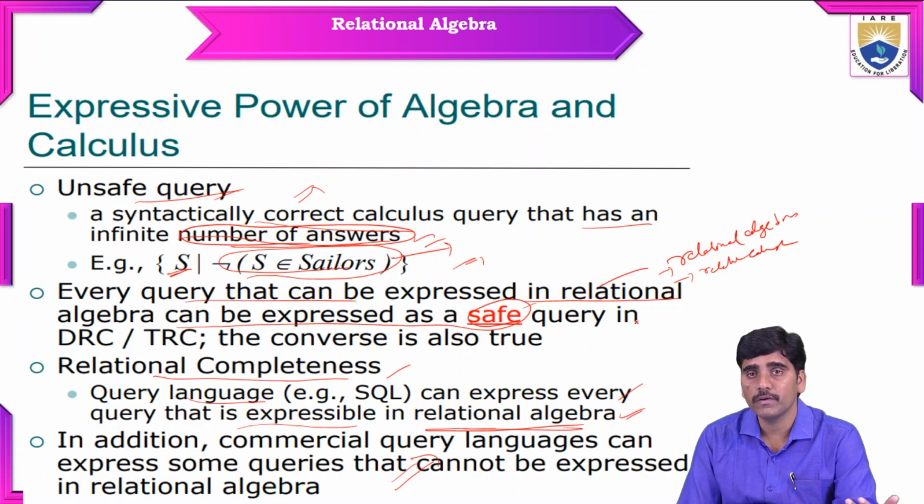So that is the way we express the power of algebra in calculus: writing safe queries and writing unsafe queries. Writing safe queries is relational algebra, and writing unsafe queries is relational calculus.